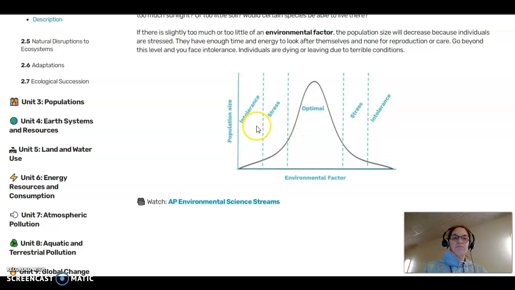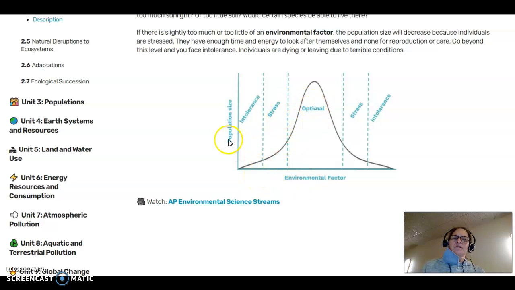Once we go completely outside of that tolerance, we say that's intolerant, and that is where the species becomes critical. If all of the individuals within a species are intolerant to a certain environmental factor, that is when the species goes extinct.